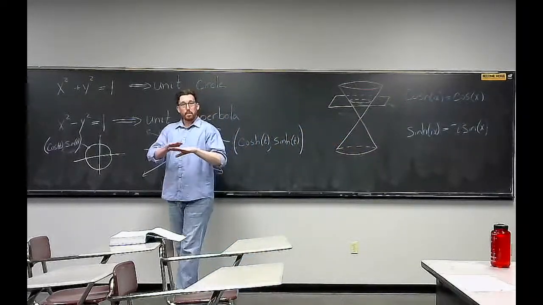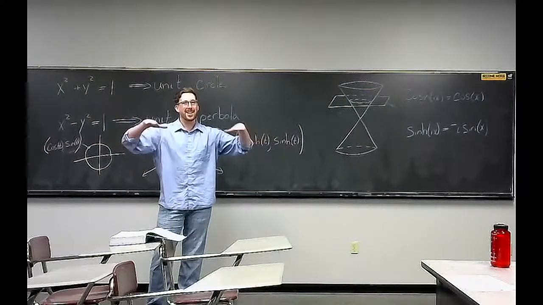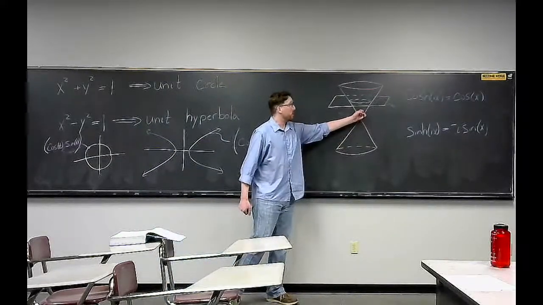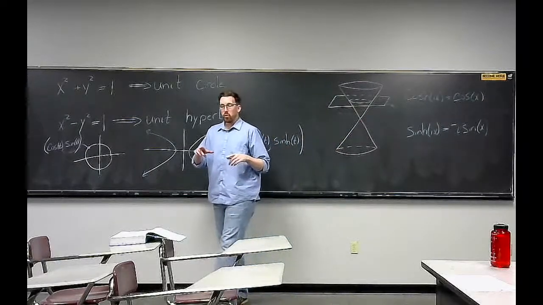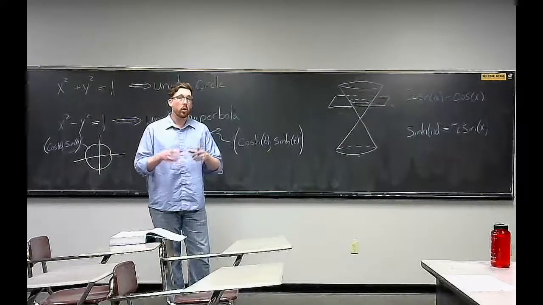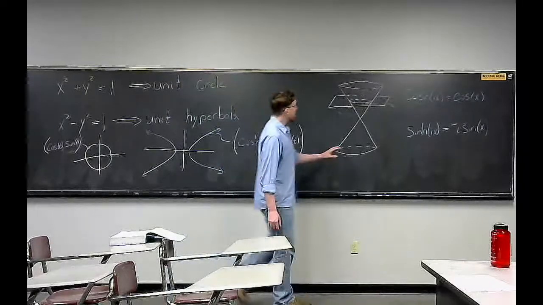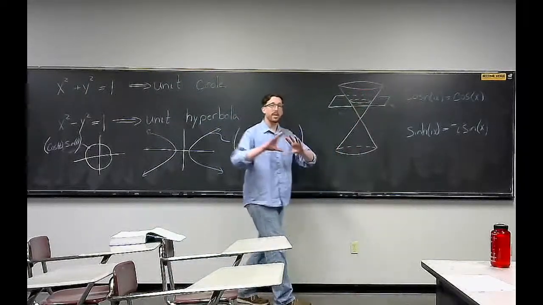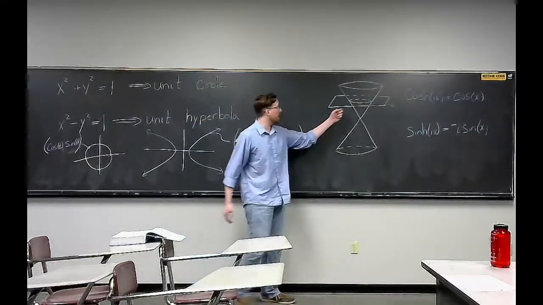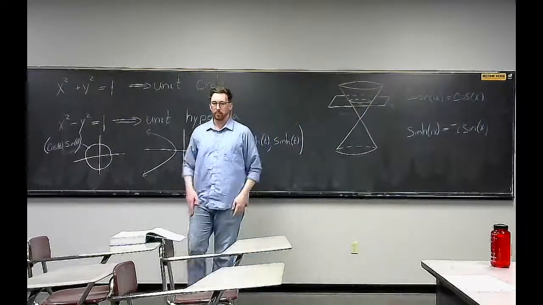If you were to take a plane, just a flat sheet, so think a flat piece of paper, and intersect that horizontally with these cones, well, the intersection between the cone and that plane will take the form of a circle. Now, it's important to note, we're not talking about the cone as a solid object. We're talking about just the surface of it. So the surface of that cone intersecting that plane forms a perfect circle, if that plane is horizontal.